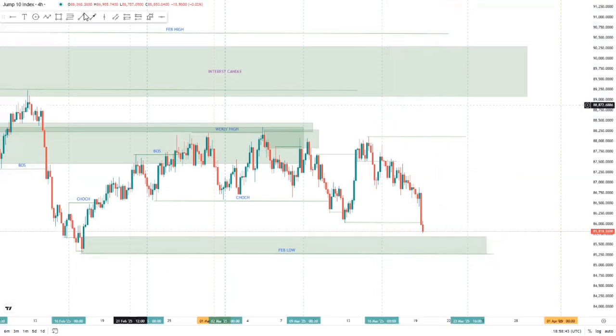Okay, so we are going to the lower time frame to see how the trade went. We also had a double top here, a double top here. Liquidity was swept.